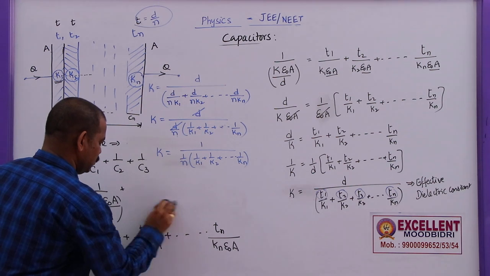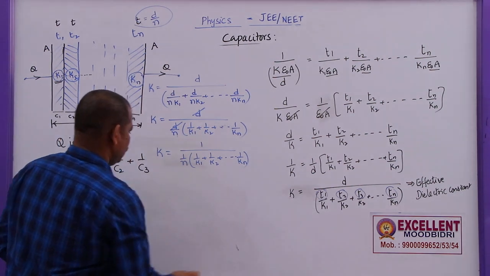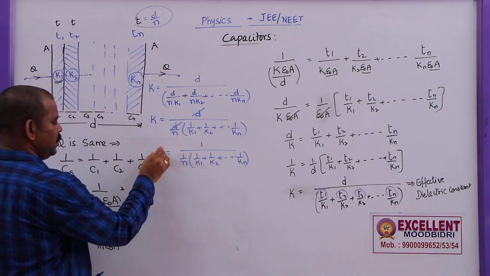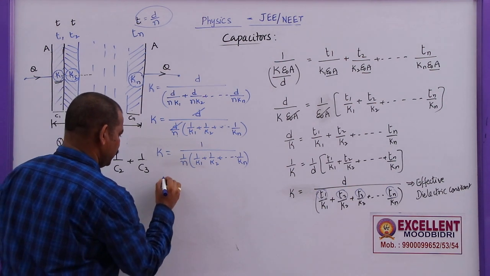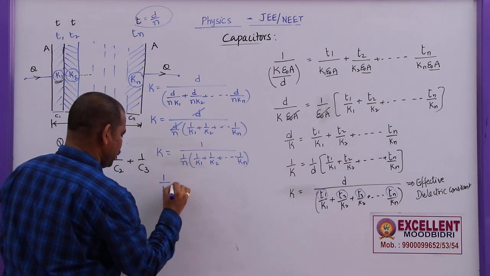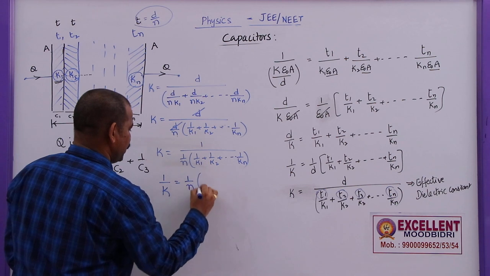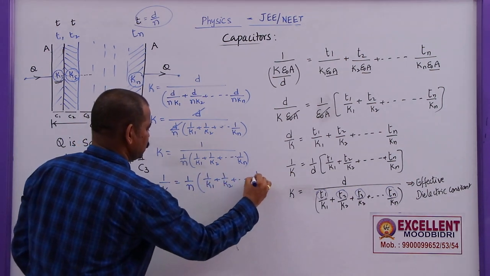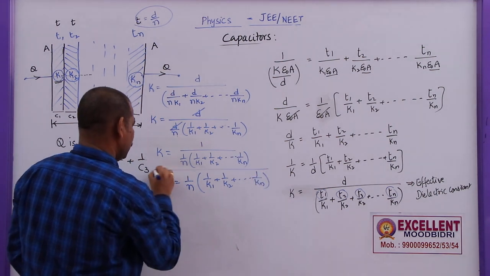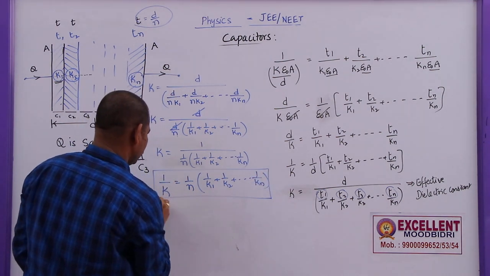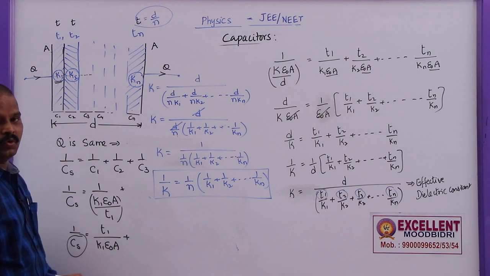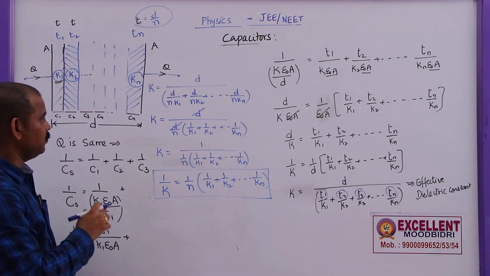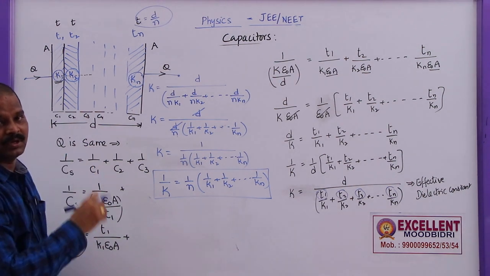Here, if you bring this term here and this term here, what can you write? 1 by k is equal to 1 by n, 1 by K1 plus 1 by K2 and so on, 1 by Kn. So, this is the final expression to find the effective dielectric constant of this medium if all the slabs have the same thickness.